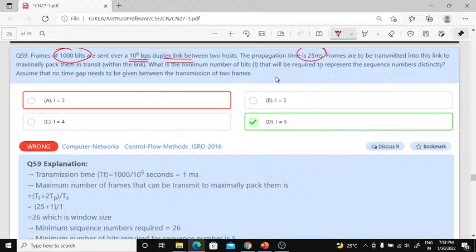The frames are to be transmitted into this link to maximally pack them in transmit. What is the minimum number of bits required to represent the sequence numbers distinctly, assuming no time gap is needed between the transmission of two frames?